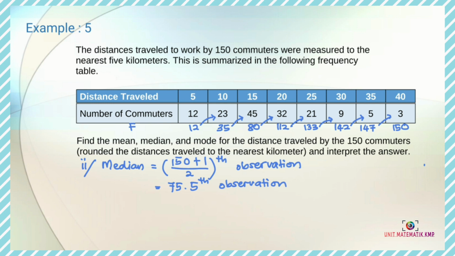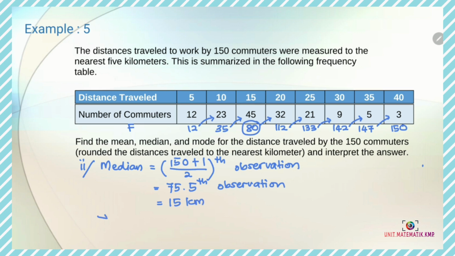Then 75.5 observation is at the distance travelled 15 kilometers. Then the median is 15 kilometers.